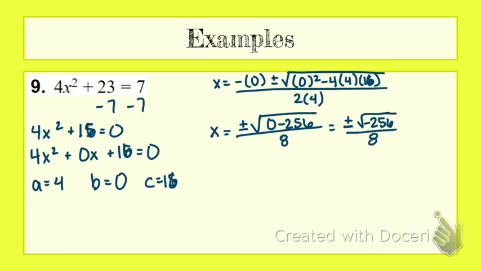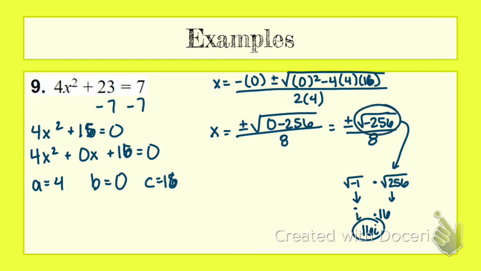So when we have a negative radical, we're going to split it into the square root of negative 1 times the square root of 256. We know the square root of negative 1 is i, and the square root of 256 is a perfect square again, so that just equals 16. So 16i is what we're going to put in place of the square root of negative 256.